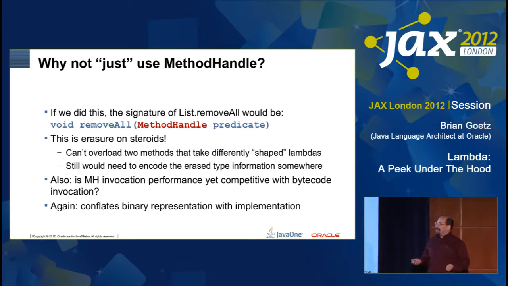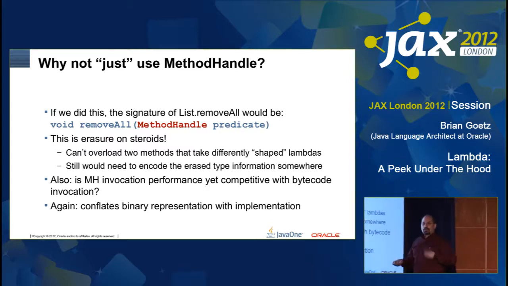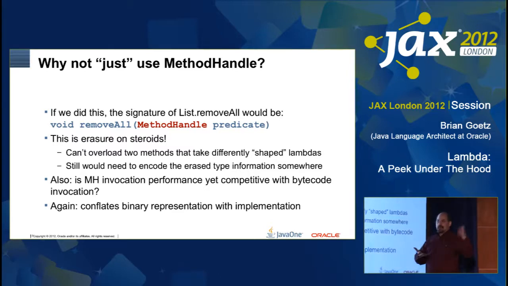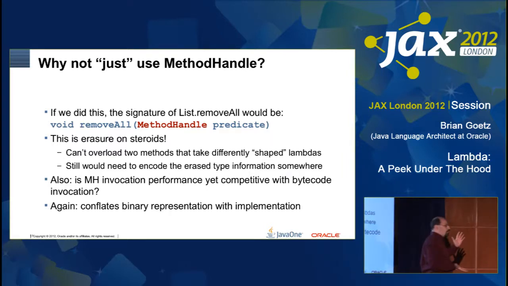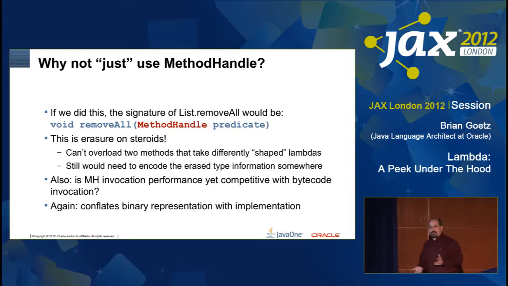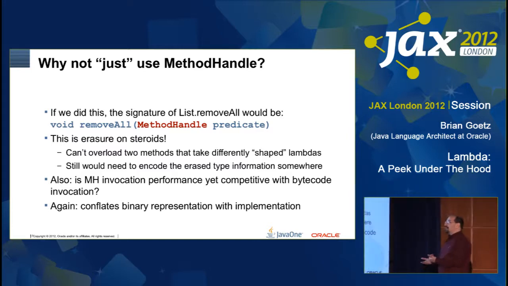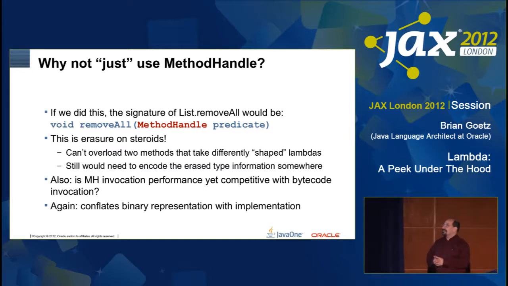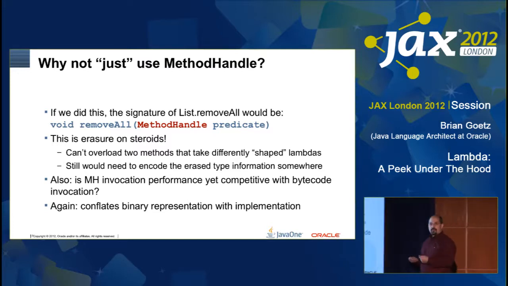For example, if you had two removeAll methods, one that took a predicate and one that took some other functional interface type, the compiler would tell you, sorry, you can't overload these methods. They both have the same erasure. And you'd look at the type signatures and say, how could these two things possibly have the same erasure? So it would be extremely confusing to users. While it's a nice representation and we will use method handles under the hood in the implementation, we don't want to bubble them all the way up to the level of VM type signatures.